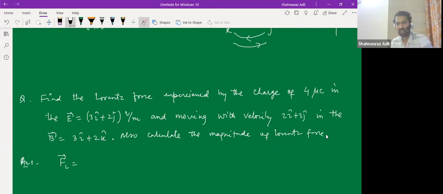Please, you guys quickly calculate and tell me the answer. Velocity is in meter per second, right? All the units are SI units. Magnetic field is in Tesla. Yeah, please note down the question and calculate the answer.